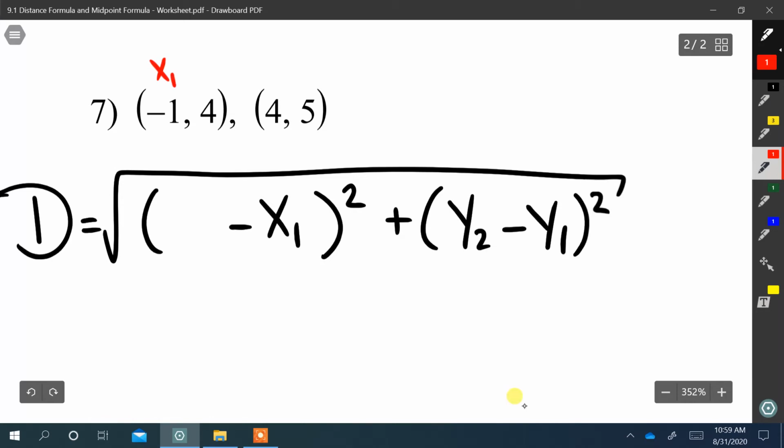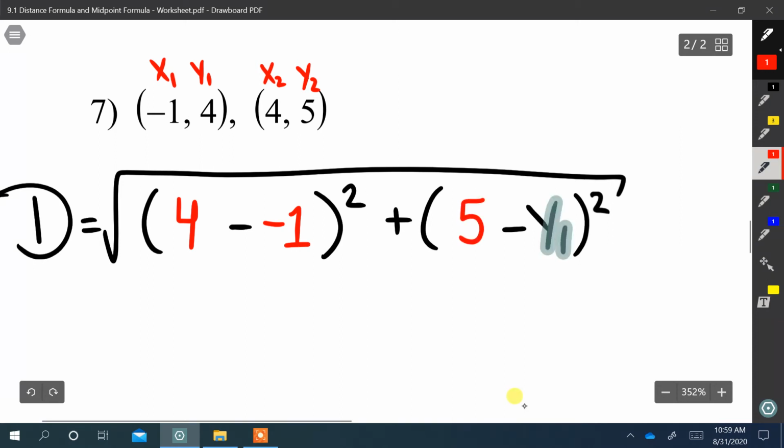We got x1, y1, x2, y2. Okay, so x1 is -1. I'm sorry, x2. I was supposed to put x2 right there. So x2 is 4, and then x1 is -1. And then we have y2 is 5. Then y1 is 4.